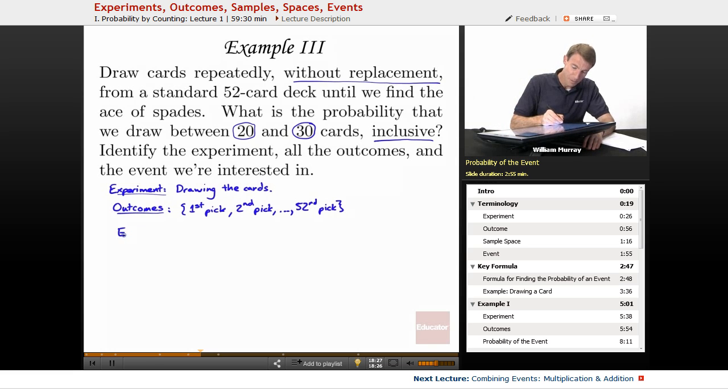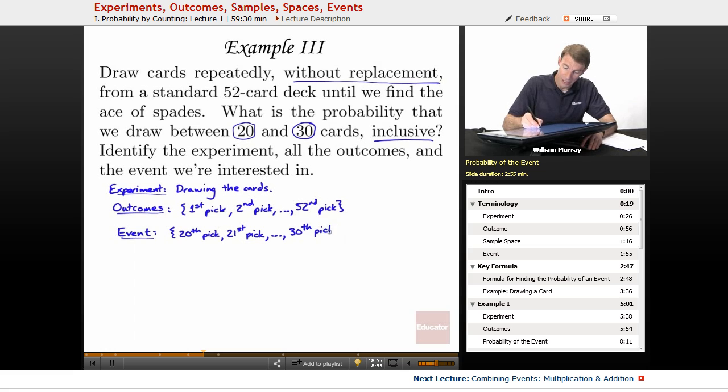Our event here is that we're going to draw between 20 and 30 cards. So our event would be that we get the ace of spades on the 20th pick, or possibly on the 21st pick, or all the way up to the 30th pick.